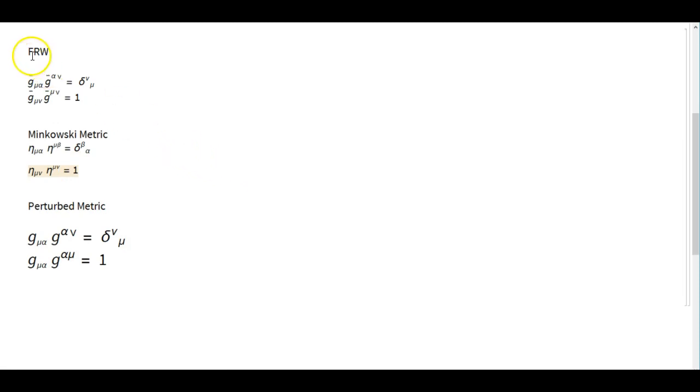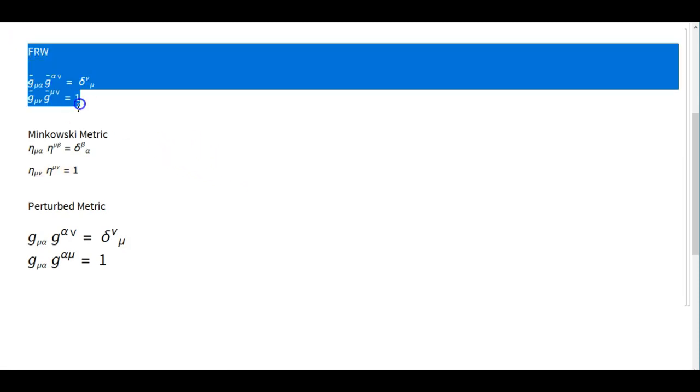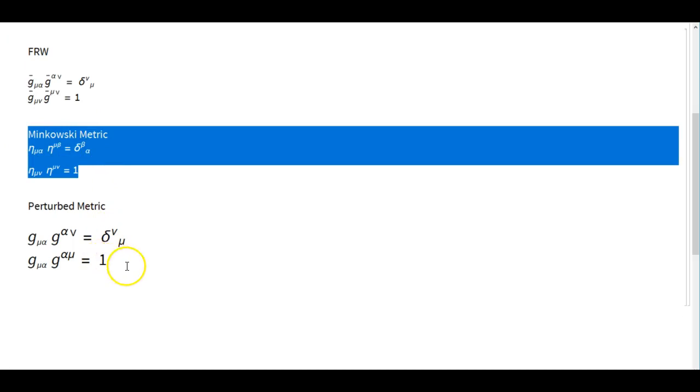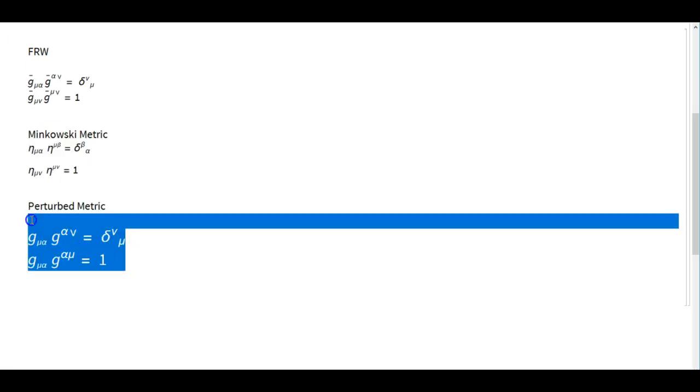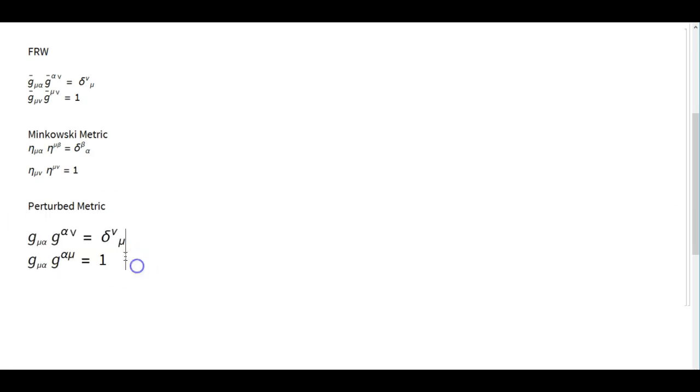So this is what we know so far. This is FRW, this is Minkowski, and this is what we want. We want a perturbed metric to obey this relationship.